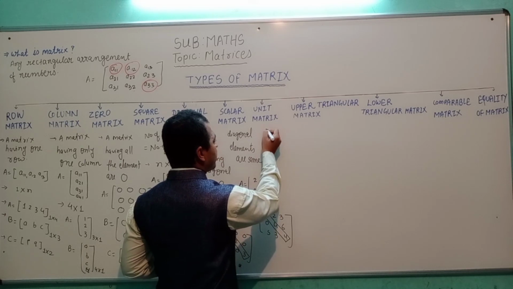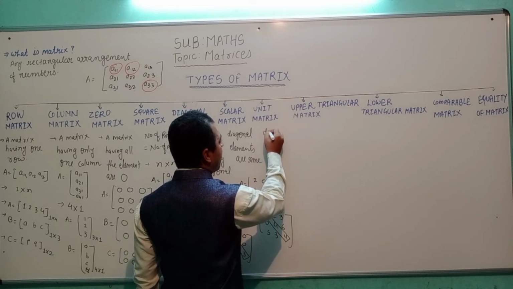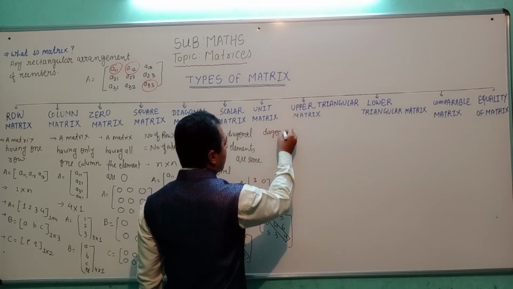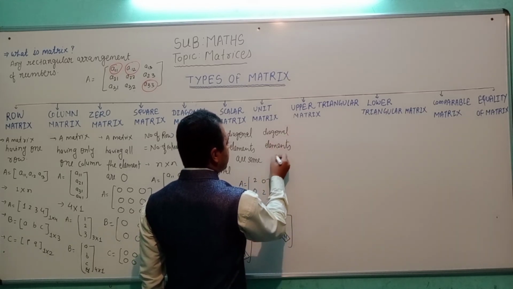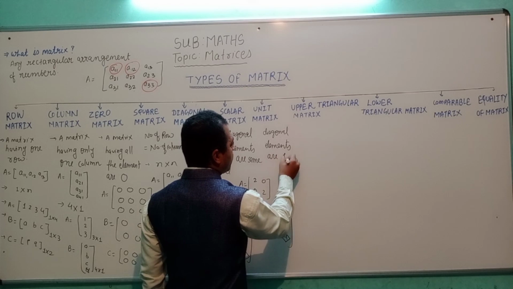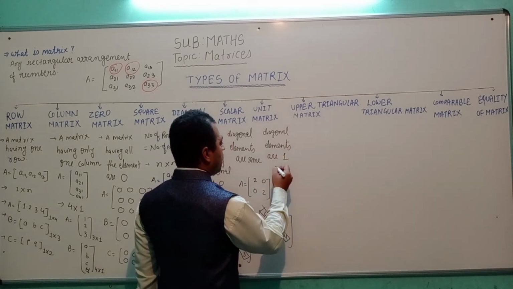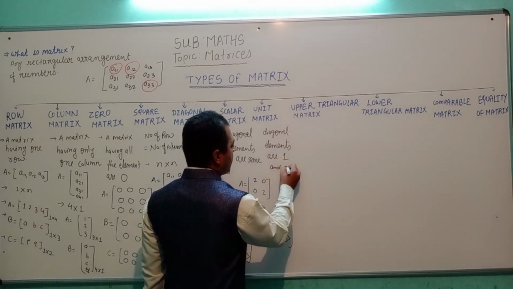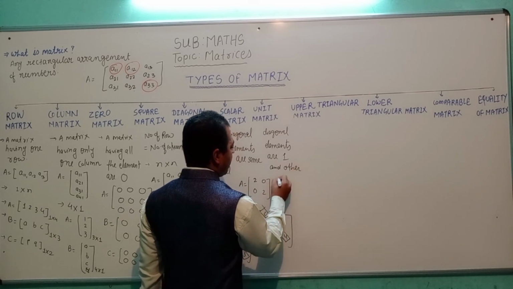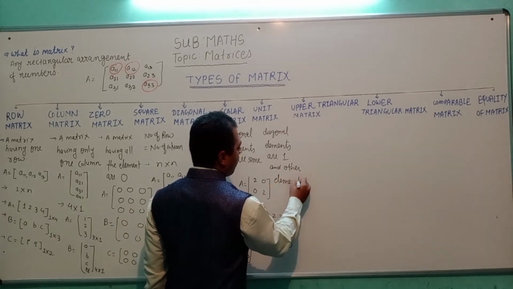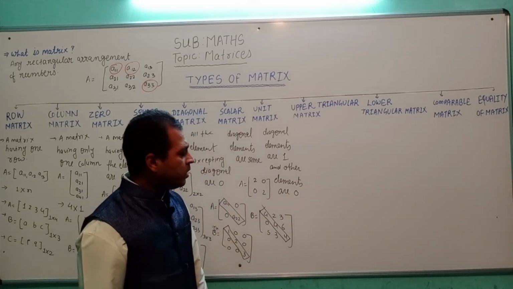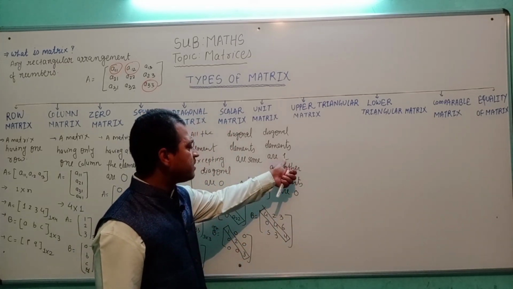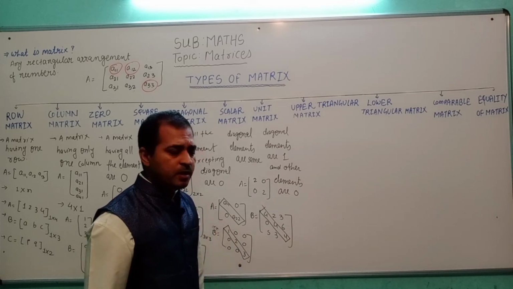So students, here you can write that diagonal elements are 1 and other elements are 0. In a unit matrix, diagonal elements will be 1 and other elements will be 0.